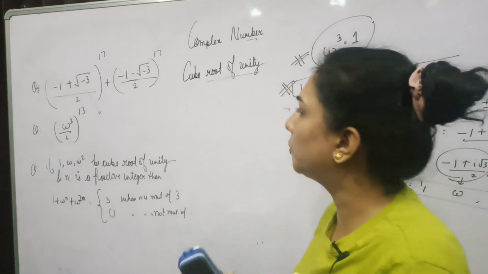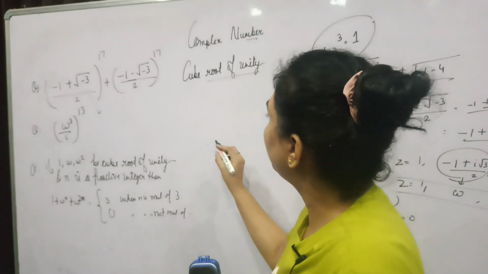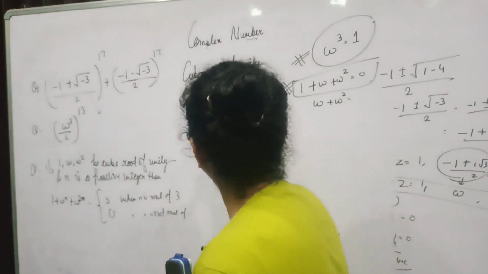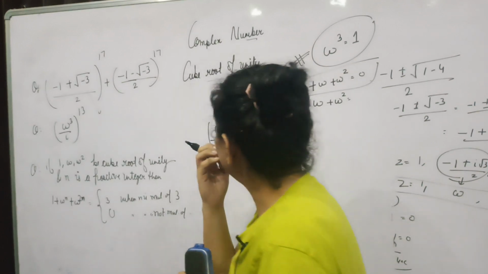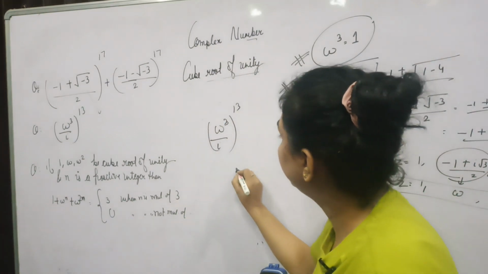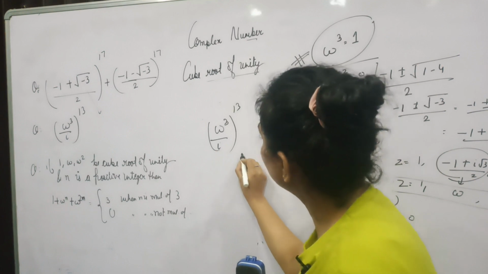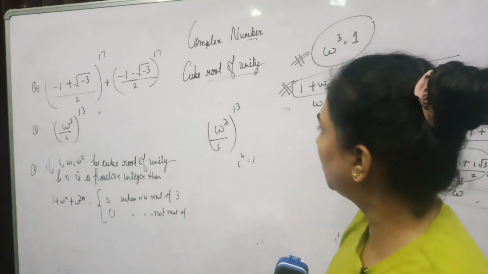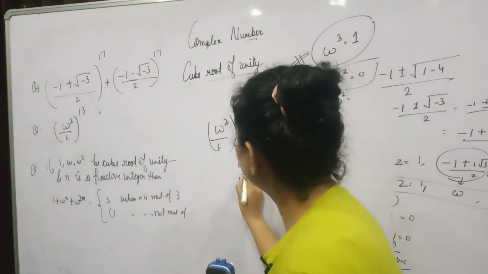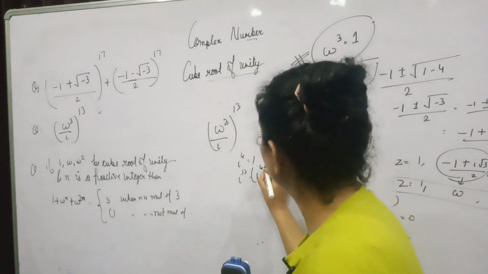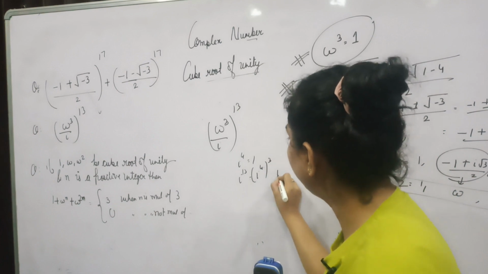Omega cube upon i raised to power 13. It is a direct question. In the very start, we studied that i raised to power 4 is 1. So i raised to power 13, we can split as i raised to power 4 into 3, that is 12, and i.